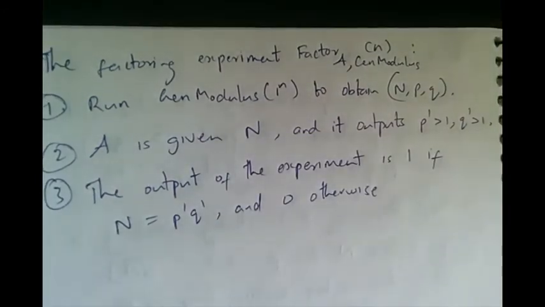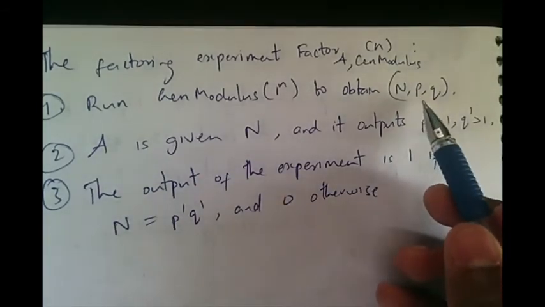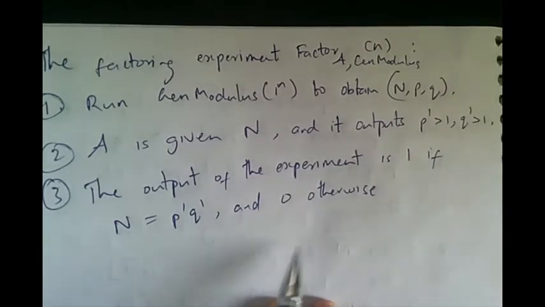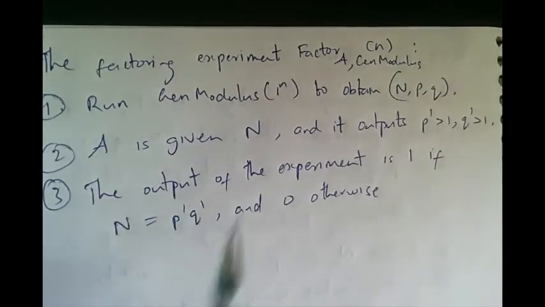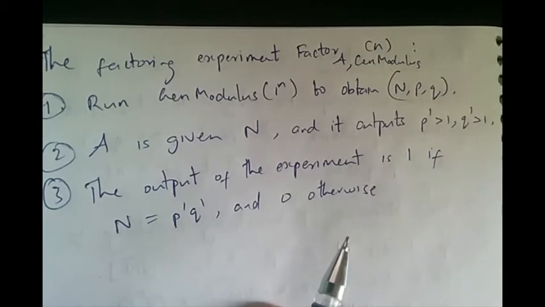So in the factoring experiment, you start with the output of the gen modulus algorithm. You give only N to the adversary, and the adversary is supposed to output a pair of integers, and the adversary is said to succeed if N is a product of these two integers which the adversary gives.